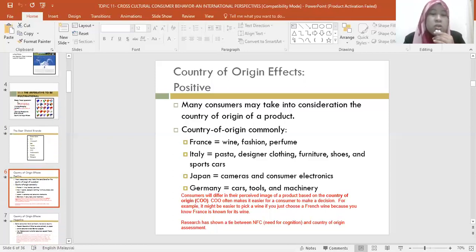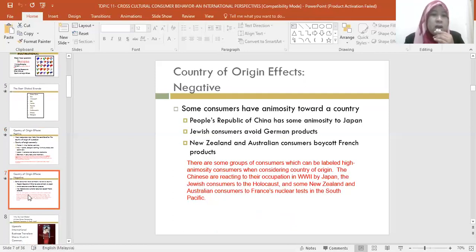So we're moving to the next one. They are talking about the country of origin effects again, but what is the negative effect? Some consumers have animosity. Animosity means dislike, hatred. They have a reason to not like a certain country.